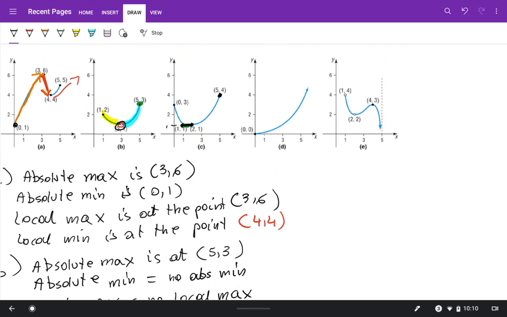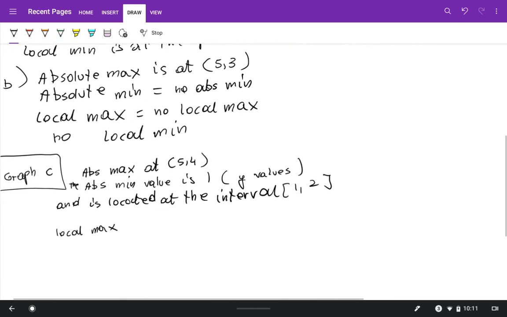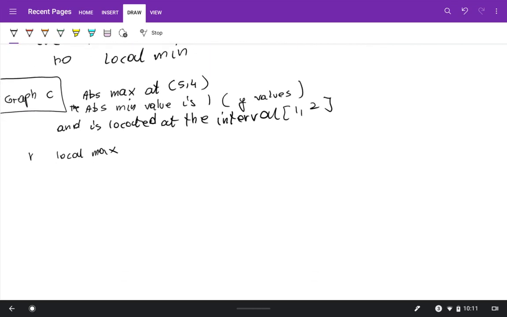So let's see if this graph has one. Do we have a point where the function switches from increasing to decreasing? We don't have that here. Or from constant to decreasing? So we don't have a local maximum.